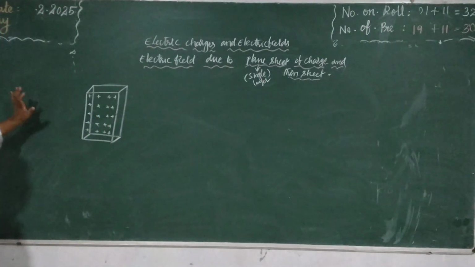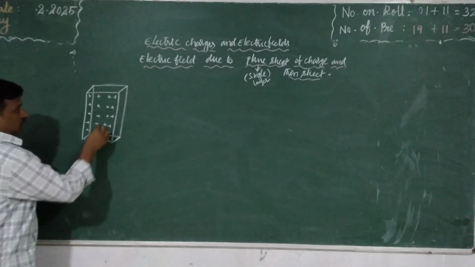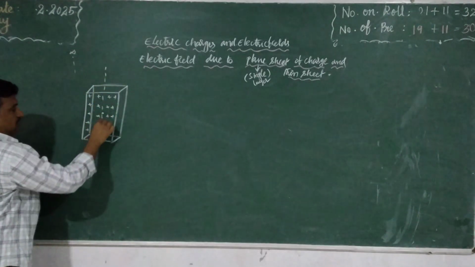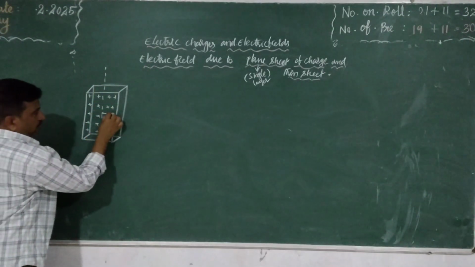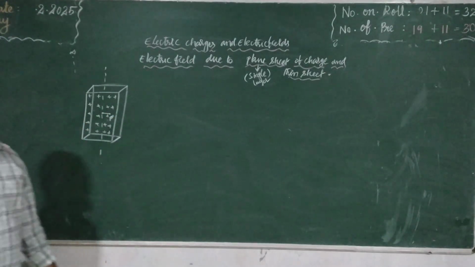Due to this thin sheet, what is the electric field at all distances from the center, inside the sheet and outside the sheet? For example, this is the axis of this sheet. For all distances from this point P, what is the electric field? That we find out.